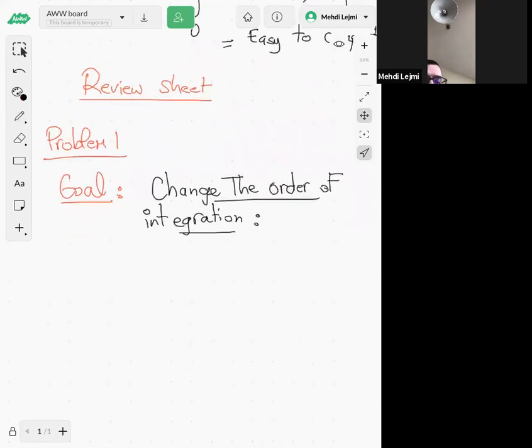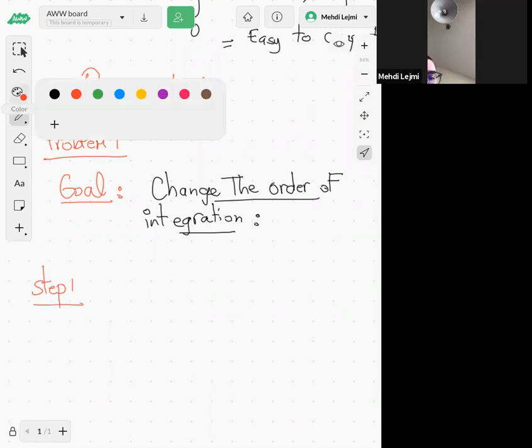Whenever you want to change the order of integration, the first and most important step is to find the new bounds. Step one: find the bounds.